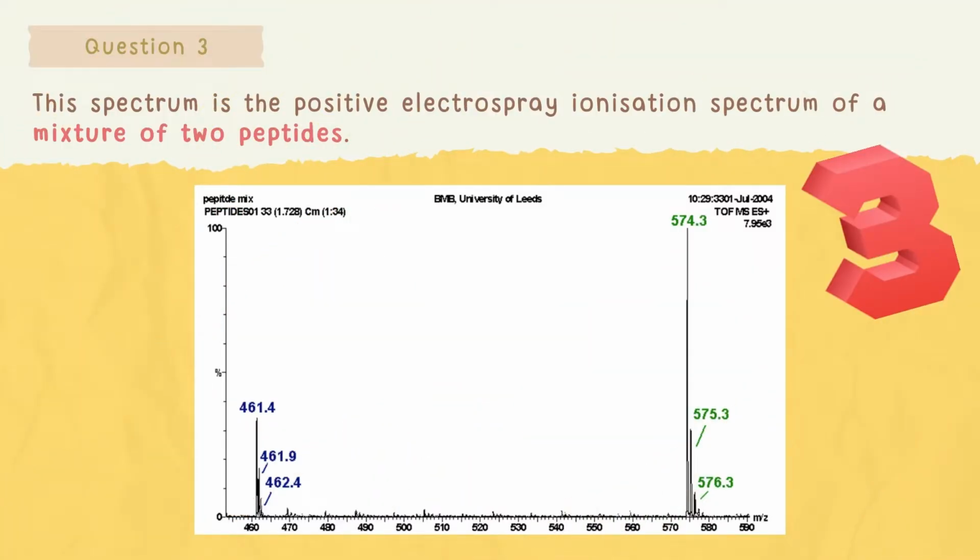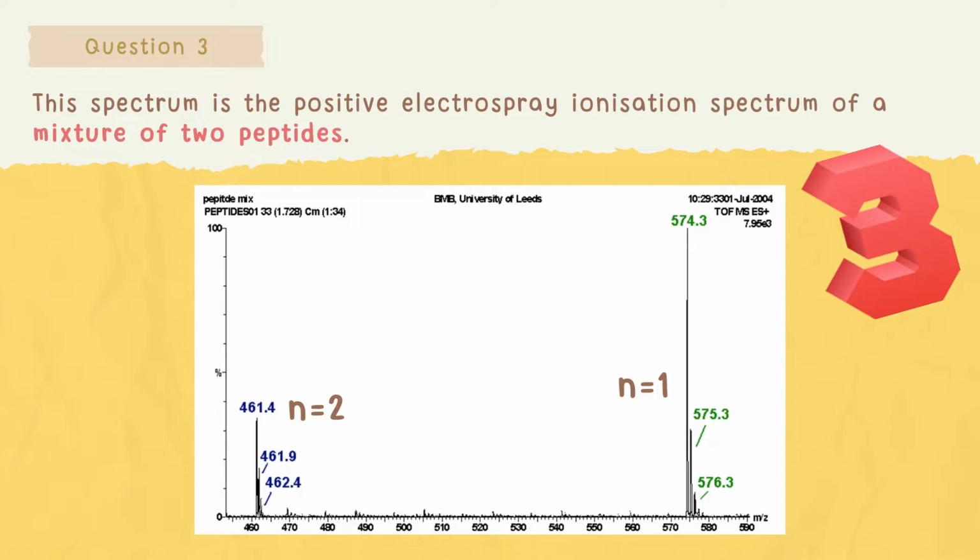We now move on to the positive electrospray ionization spectrum of a mixture of two peptides. As you may notice in this spectrum, two clusters of ions may be seen, one at mass-to-charge 461 to 462, and another at 574 to 576.